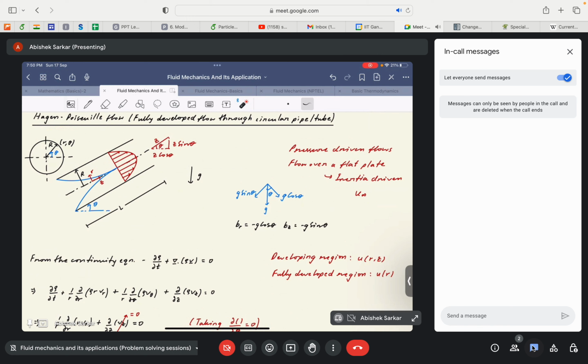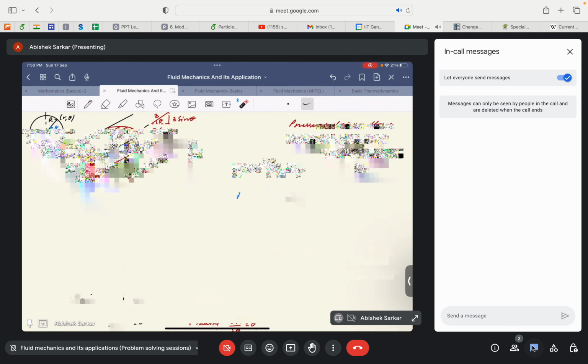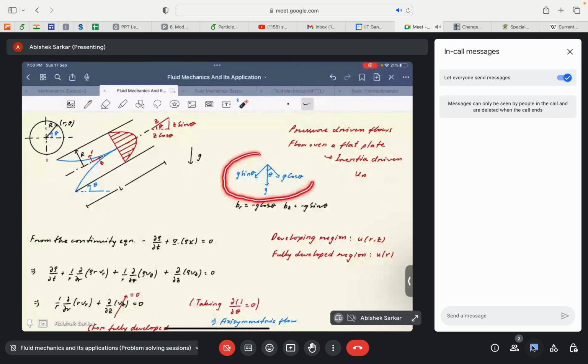We assume that our flow is fully developed, so the flow within the developing region is not being considered. We take an inclined pipe, where the gravitational acceleration is decomposed into sine and cosine theta components, which just helps in decomposing the body force terms.